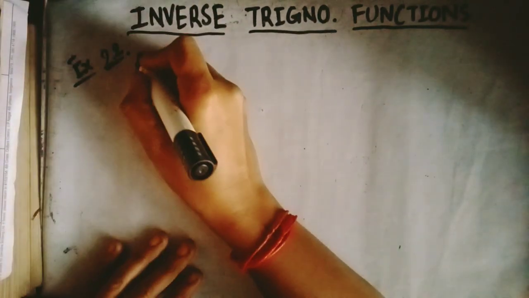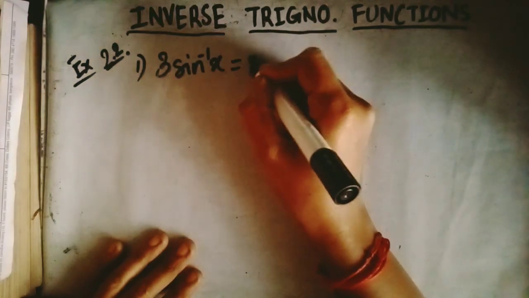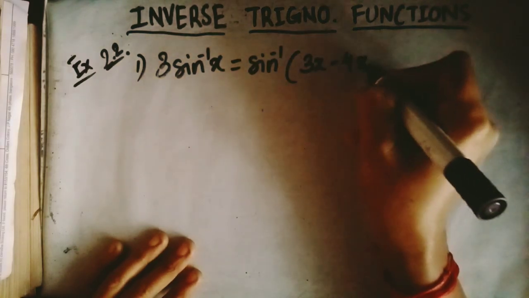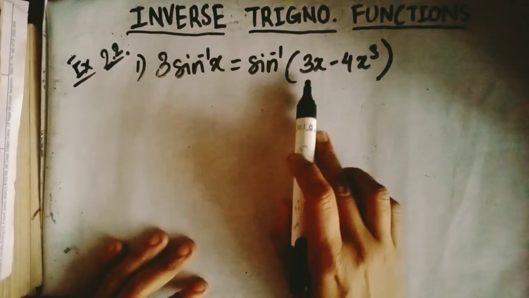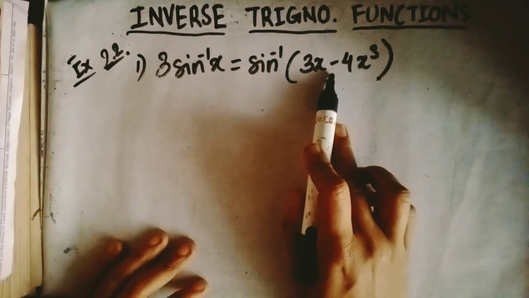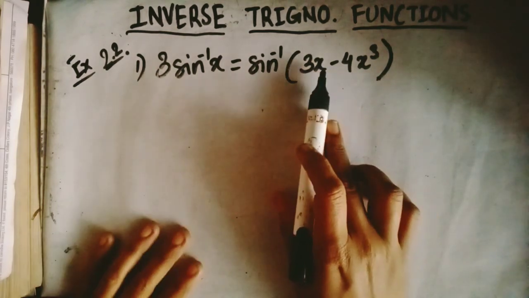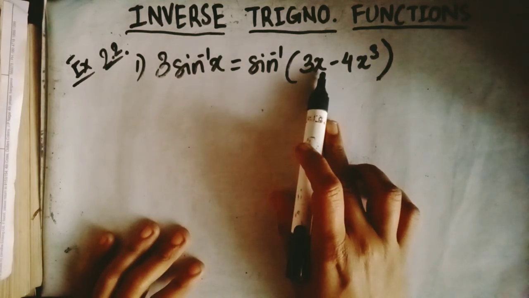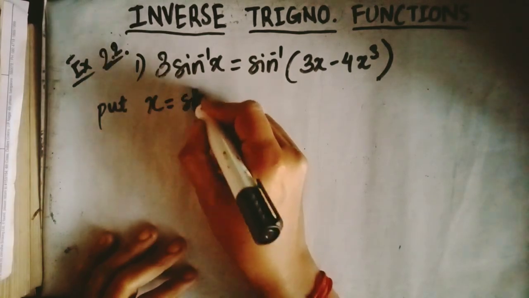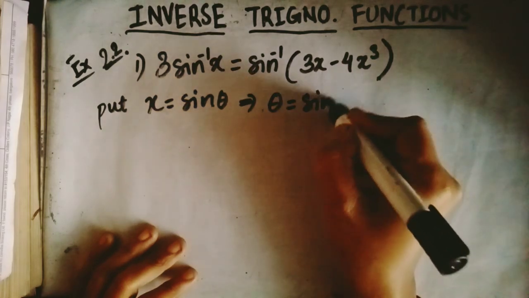First question is 3 sine inverse of x is equal to sine inverse of 3x minus 4x cube. Looking at this equation, you will understand that this is a trigonometric identity, that is sine 3 theta. So you can put x equal to sine theta, so we'll get theta as sine inverse of x.